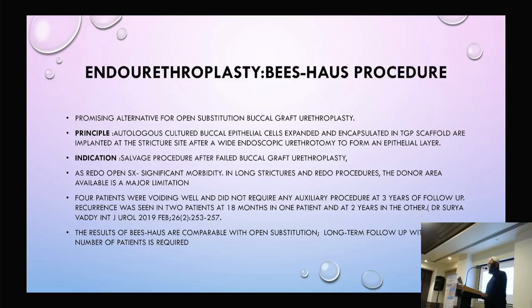After the dilatation, under vision, they are put there, and we expect that they cover the epithelium and prevent fibrosis. So we have various studies. One of the studies, done by Surya Vaddi, included 6 patients in redo surgeries, the average length was more than 3 centimeters, and he had a good success rate in 4 patients.